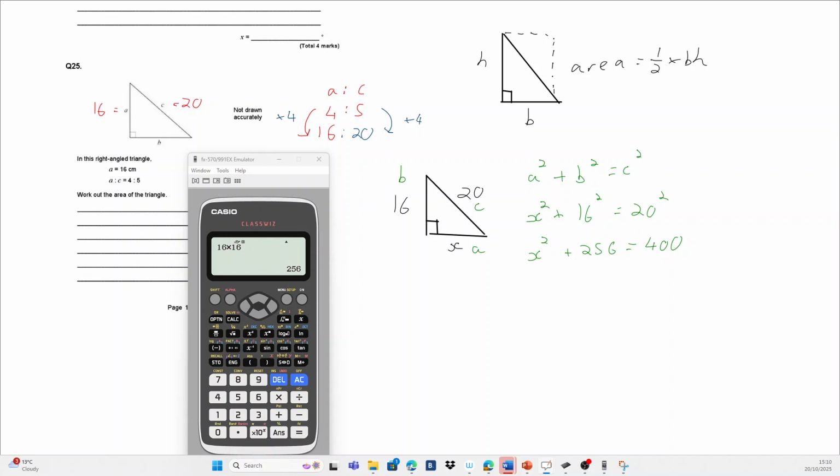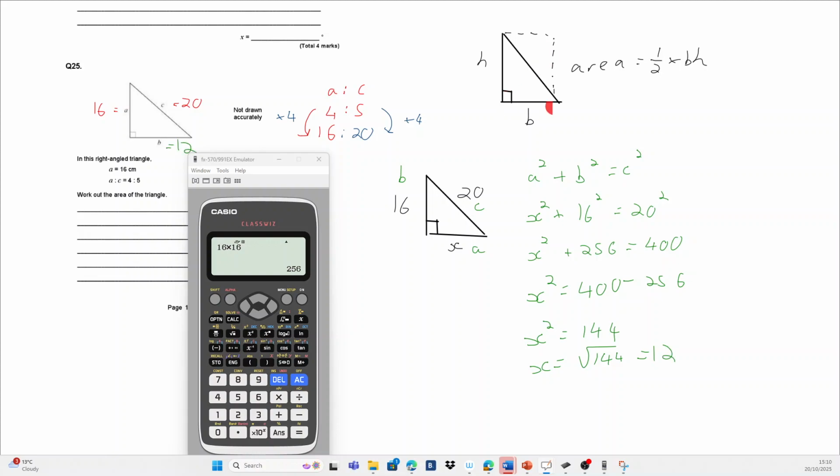Now to find x squared, I'm going to take away that 256, so 400 take away 256 is going to be 144. So it's a nice Pythagorean triplet because the square root of 144 gives me 12. So this length here is going to be 12.